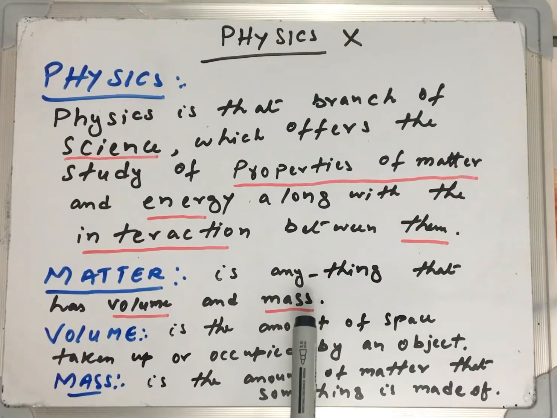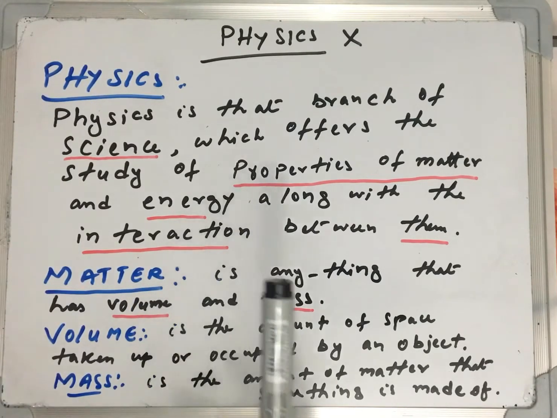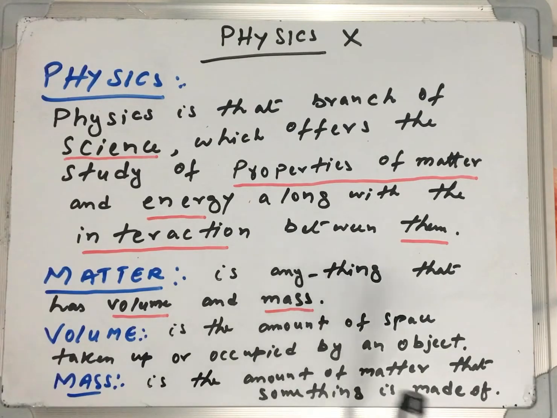Then what is mass? Mass is the amount of matter that something is made of. So this is the definition of matter.